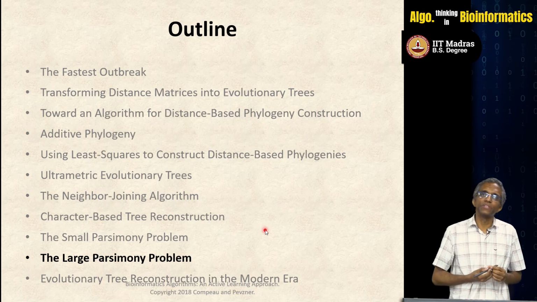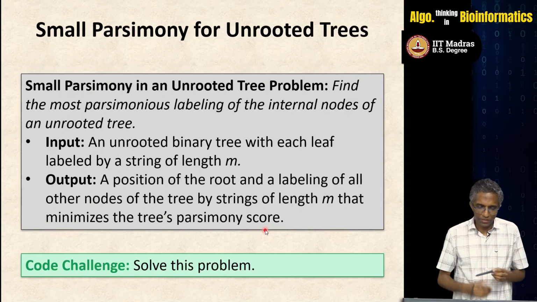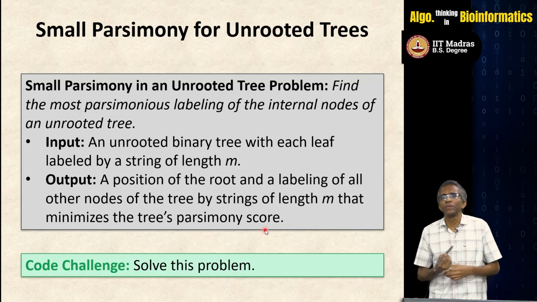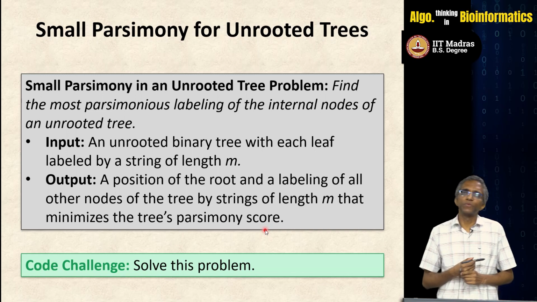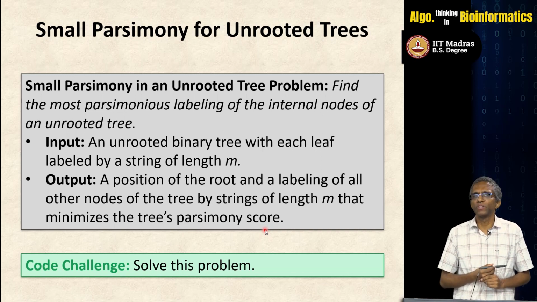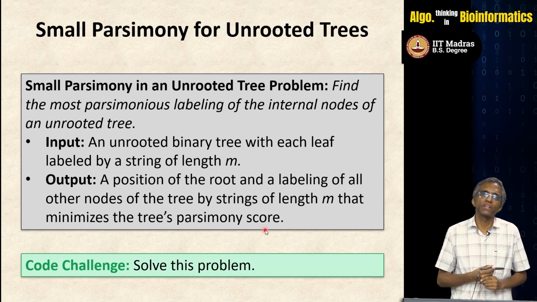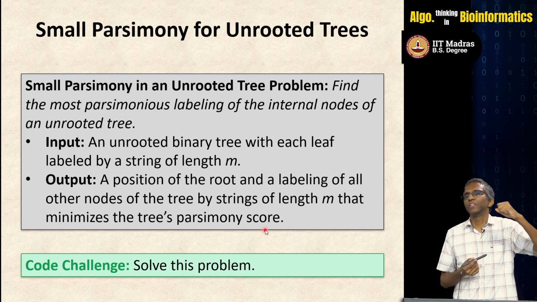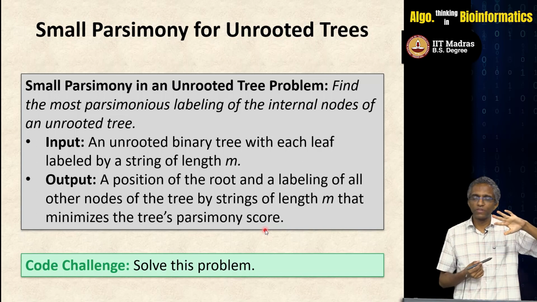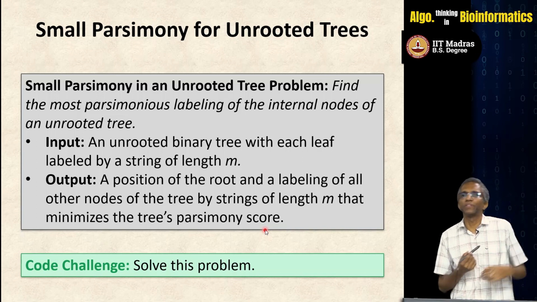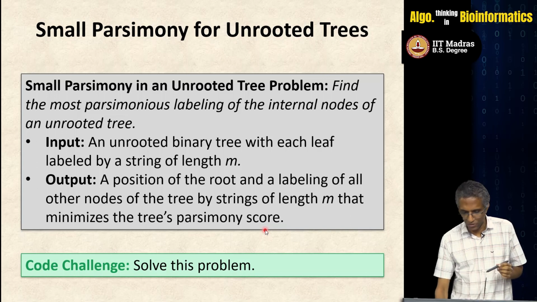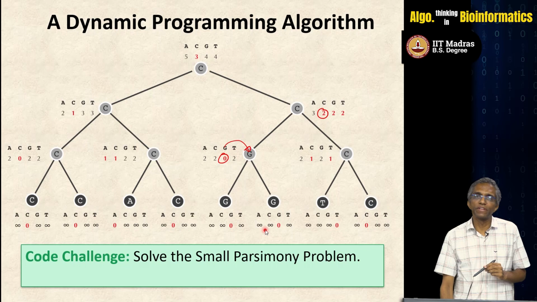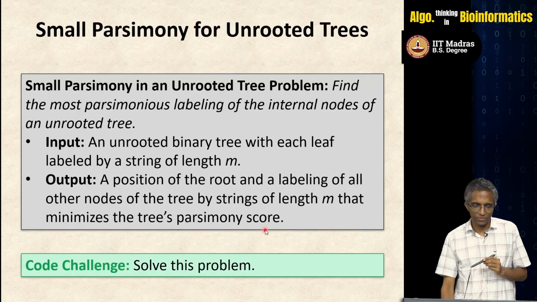If there are some x number of edges, then you just try to put a root in every one of these x edges in your tree, where the topology is given to you, and then that node in that edge is going to be the root, and then you have converted this unrooted problem into multiple rooted tree problems. Then you run the DP algorithm that we just showed every time, and you take the best among all of those.